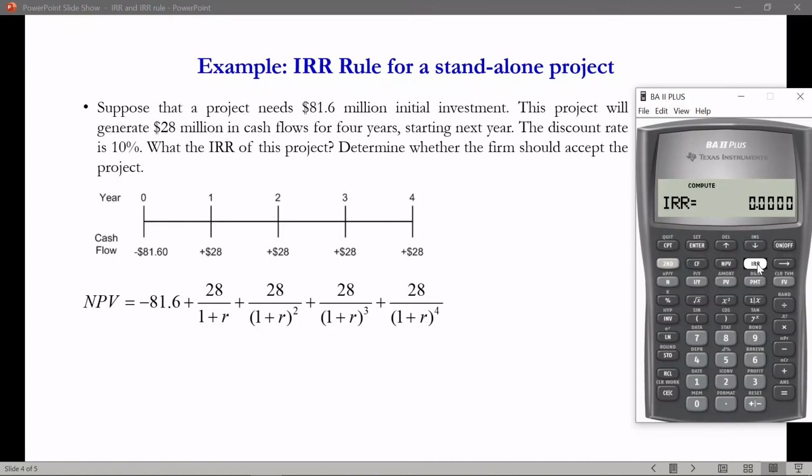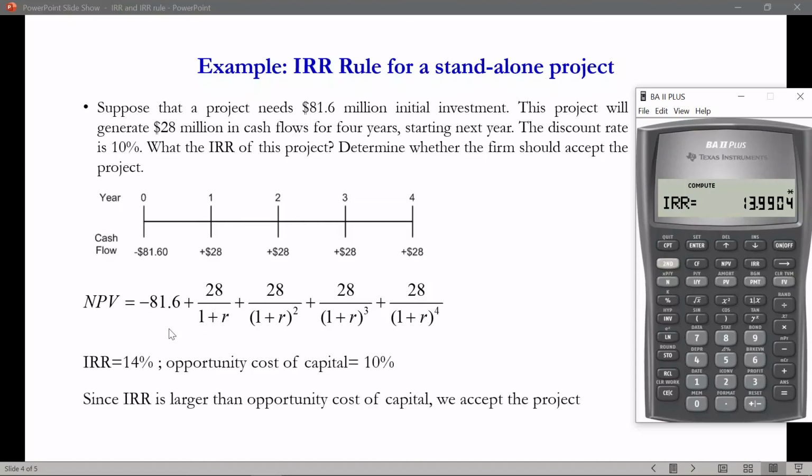And what we need to do is to calculate IRR. I would first select this IRR button, and then I would select CPT, or the compute button. Once I select it, it would give me the answer. The answer is 13.99%, or almost 14%. So our IRR is 14%.